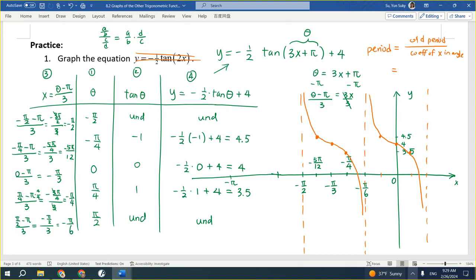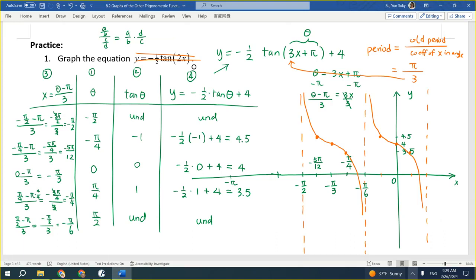The period for tangent was what? 2 pi or pi? What's the period of the tangent graph? Pi. What's the coefficient of x in this case? 3. See, the coefficient of x is 3. Therefore, the period is pi over 3.